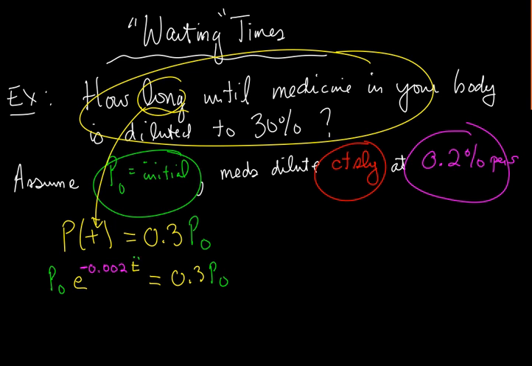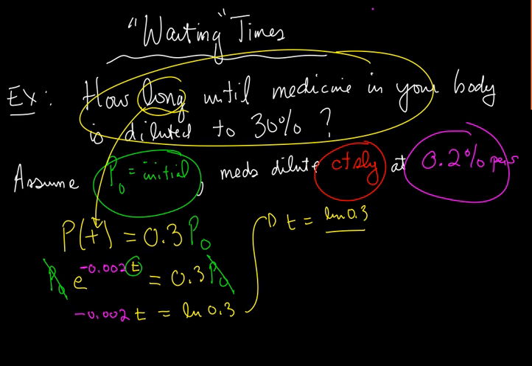And so now you solve for t. Notice that you can cancel out the P0, so it doesn't matter what the initial value is in this problem. And then you want the t to come down, so you take ln of both sides and you get negative 0.002 times t is equal to natural log of 0.3. And so t equals natural log 0.3 divided by negative 0.002.